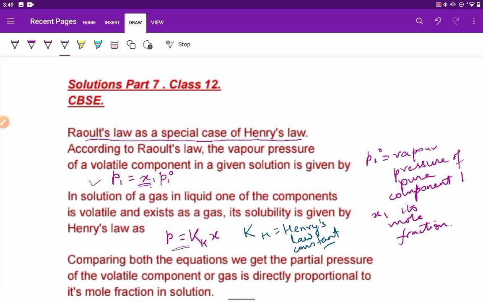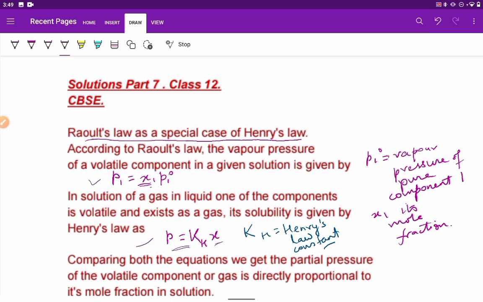Now, if we compare both the equations, we get that the partial pressure of the volatile component or gas is directly proportional to its mole fraction. In both the cases, we see the term x, that is mole fraction, is present. So, the partial pressure of the volatile component or the gas is directly proportional to its mole fraction in solution.